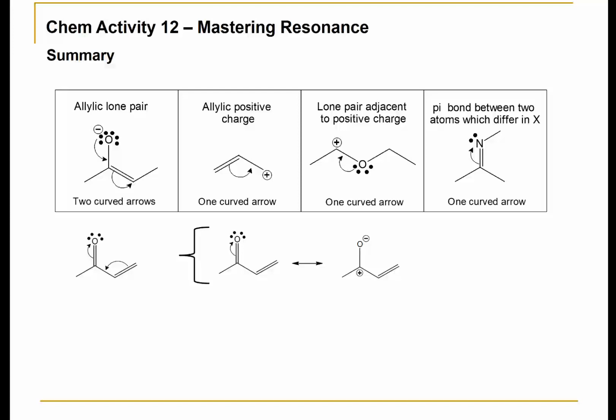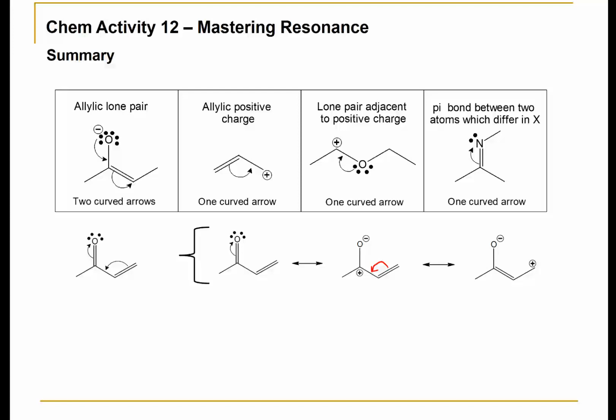And so I can look now for my next resonance form by bringing the pi bond down here, and then here's my next resonance form. And you can see indeed the positive charge is distributed both on the carbon below the oxygen as well as on the last terminal carbon. The two arrows that you see in the leftmost structure actually imply those three different resonance forms. In a sense, it's kind of a shortcut.